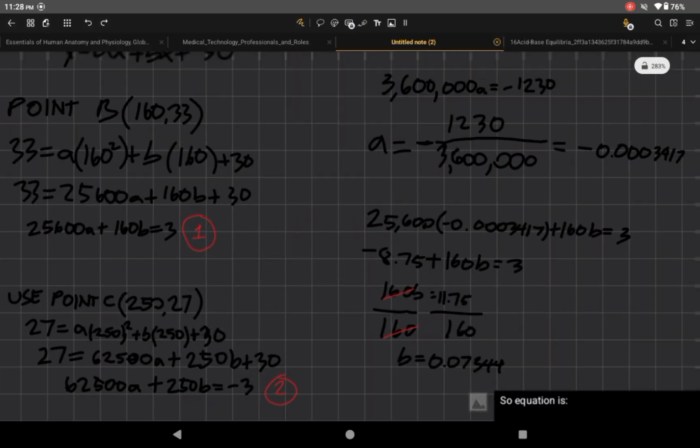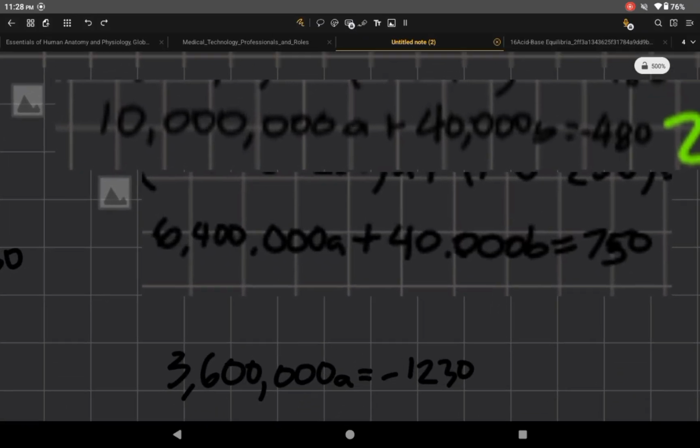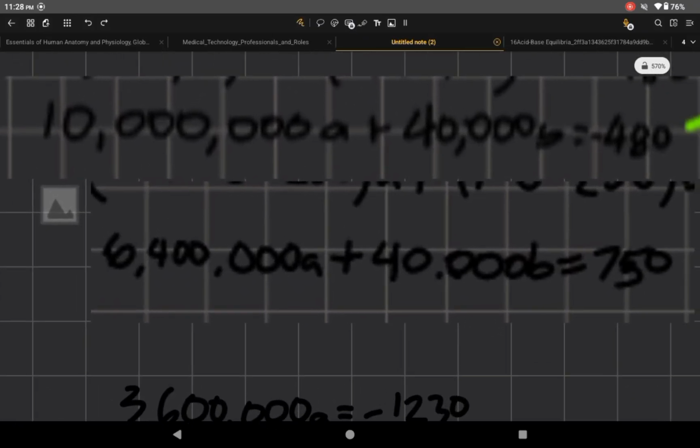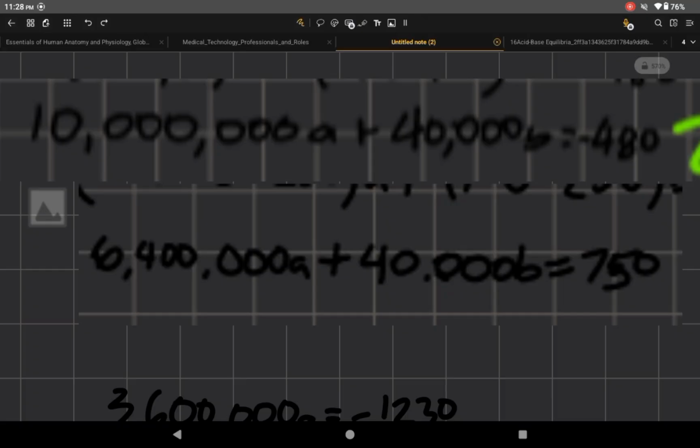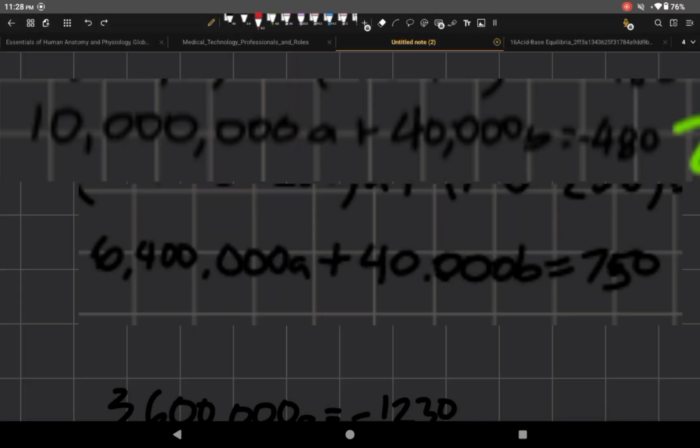Let's proceed to the next. Since eliminate na sila, I'll just use red. Since we have two equations, the second equation is 10,000,000A plus 40,000B equals to negative 480.